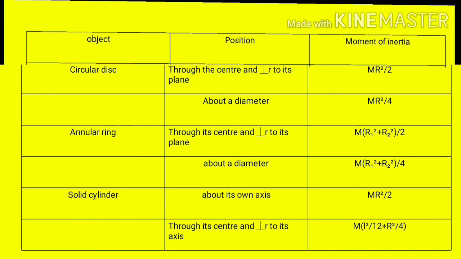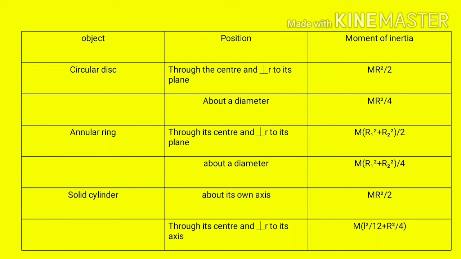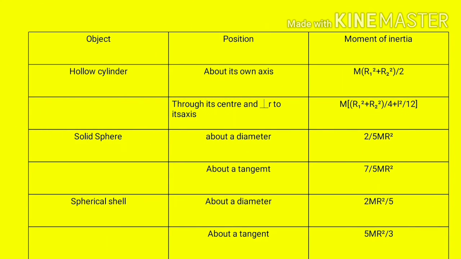In this topic, moment of inertia for the circular disc, annular ring and solid cylinder are given in detail. Watch it carefully. Here, moment of inertia of hollow cylinder, solid sphere and spherical shell are explained in the table.